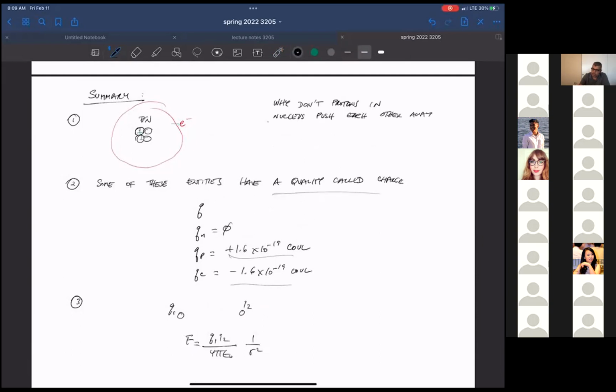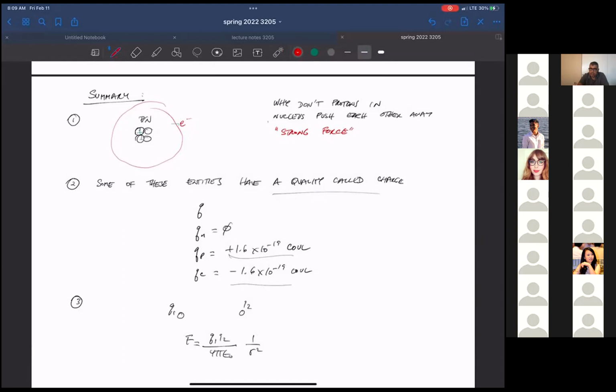And that's because of something called, I didn't name this, the strong nuclear force, or the strong force, which is not an electric force. It's yet another force that basically keeps the protons together.